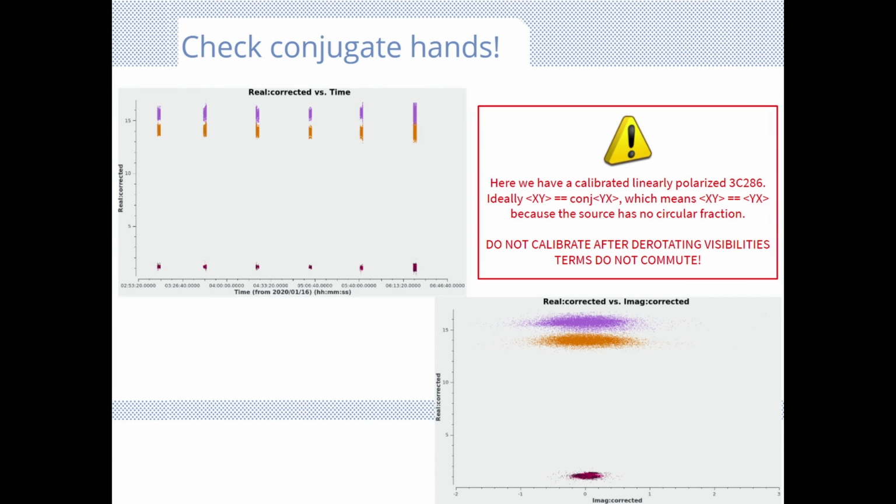For a perfectly calibrated system, what we expect to see on a linearly polarized source is just conjugate visibilities on the cross-hand products, right? And this is exactly what we see. So we should see that the linear polarization angle is stable with time if we take into account the parallactic angle, which we know exactly.